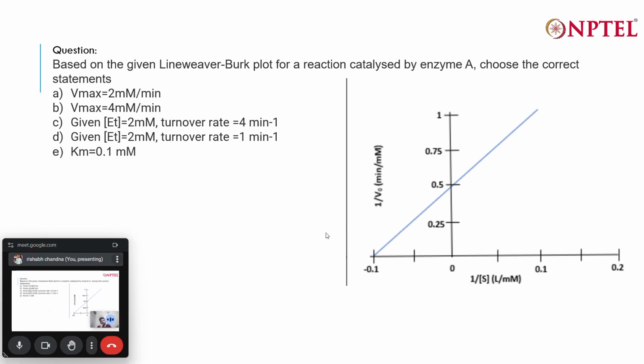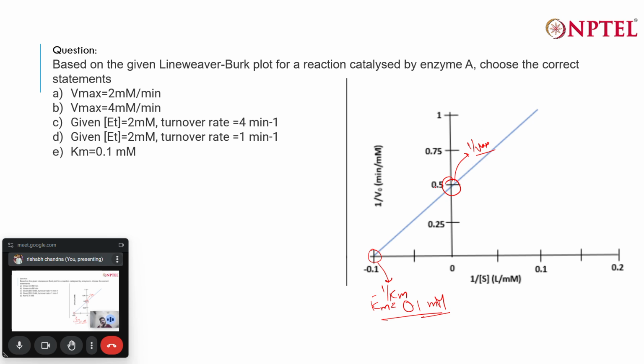As this is a Lineweaver-Burk plot, with 1 by substrate on the x-axis, this point would be minus 1 by Km. So Km of the reaction would be 0.1 millimolar. Then this point would be 1 by Vmax.